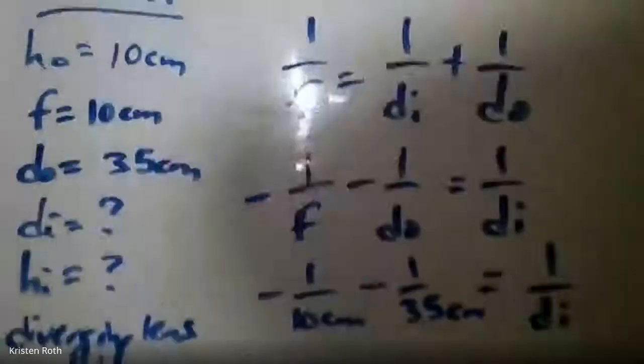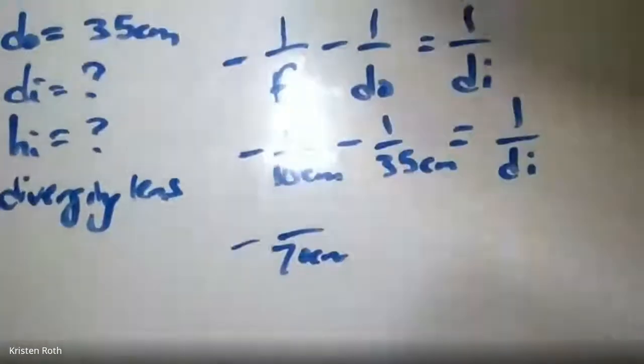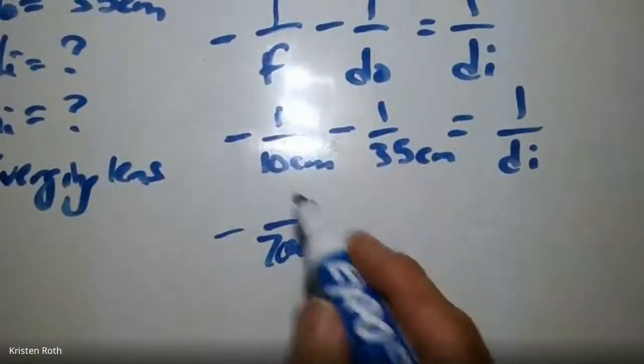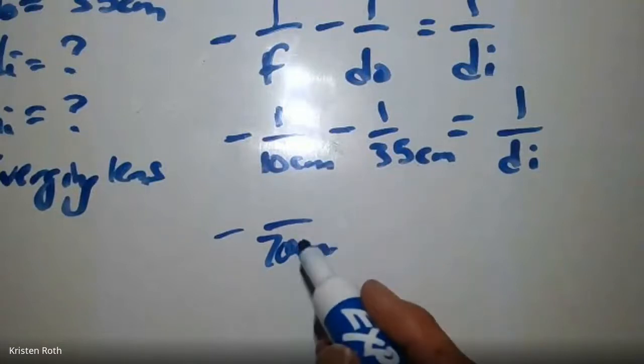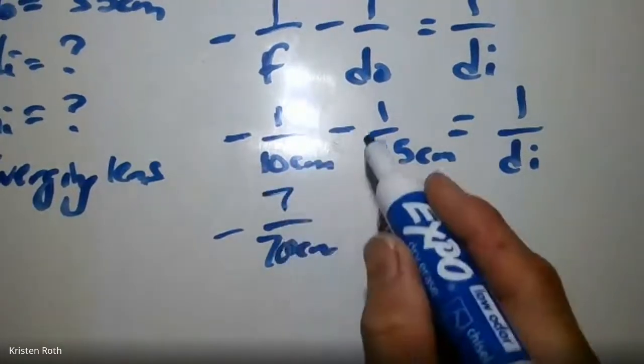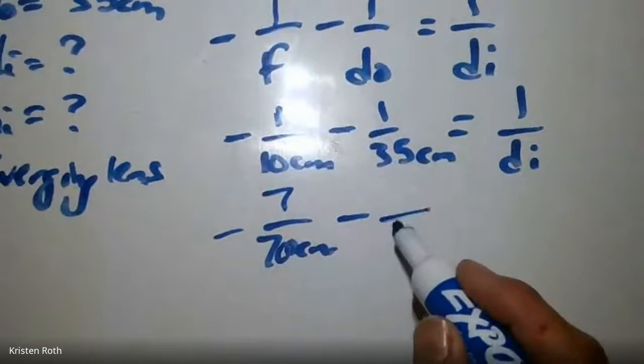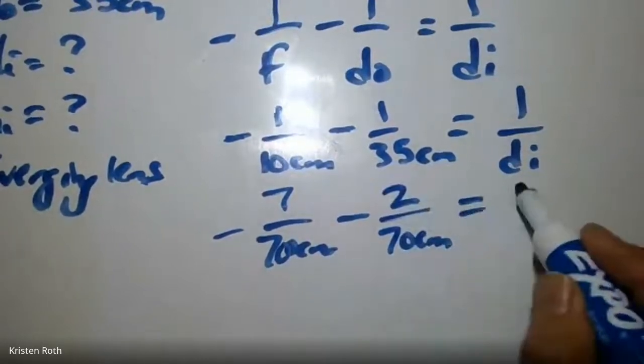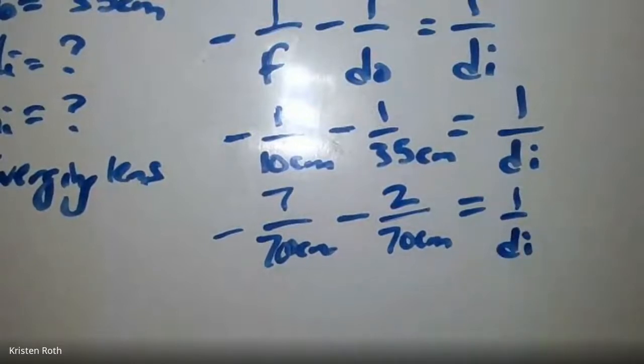Whatever you do to the bottom, you have to do the top. So I times the 10 by 7, so it's going to be 7. This one we did 35 times 2 to get 70, so it's going to be 2. It's going to be 1 over di. Then we're going to subtract these here, and it's going to be negative 9 over 70.